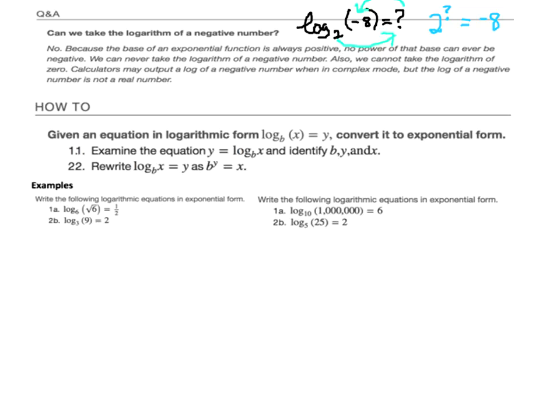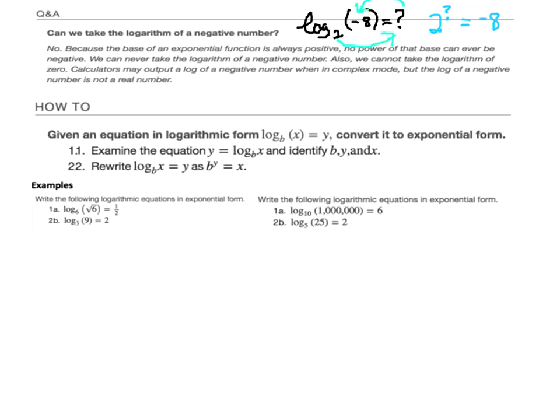So think about this for a moment. Is there any value that you're ever going to be able to raise a positive base to that will give you a negative number? And the answer is no. Even if I raise that to negative 1, that creates a fraction. That's 2 to the negative first power, which is equal to 1/2.